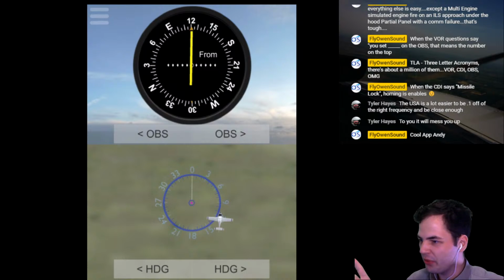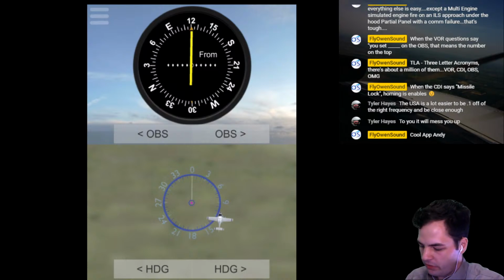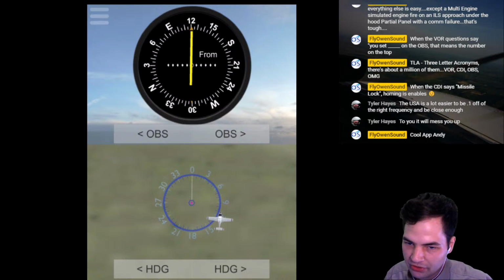One more note before we fly our airplane away. Notice that through all of these indications, the airplane hasn't moved and hasn't changed direction. The airplane is facing north and has been the whole time. That's really important because nothing about this gauge, this VOR system, depends on aircraft heading.